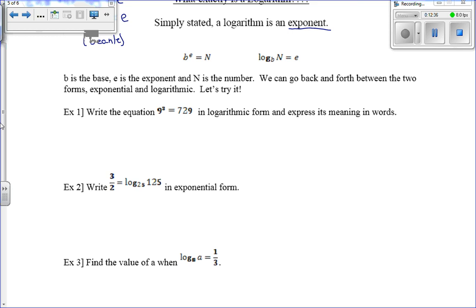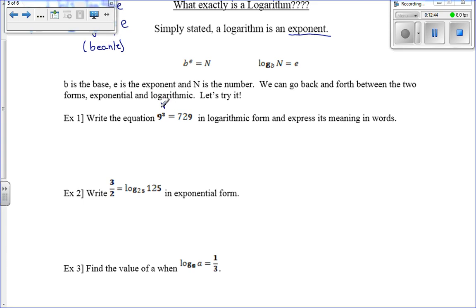So, for number one, write the equation 9 to the third power equals 729 in logarithmic form and express its meaning in words. It's really hard to see, but that's supposed to be the third power.